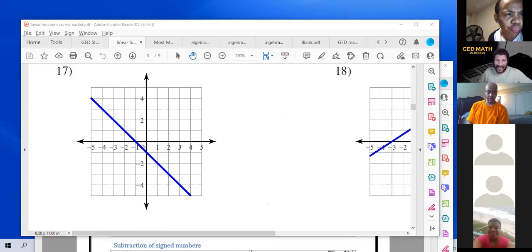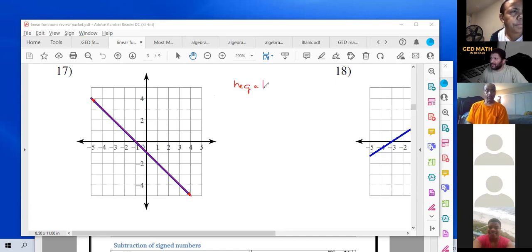Negative. Okay, well, how do we know it's negative, Chris? Because it goes down from left to right. So if you start on your left, to get to my right, I'm going down. So right away, you know that the slope is negative.